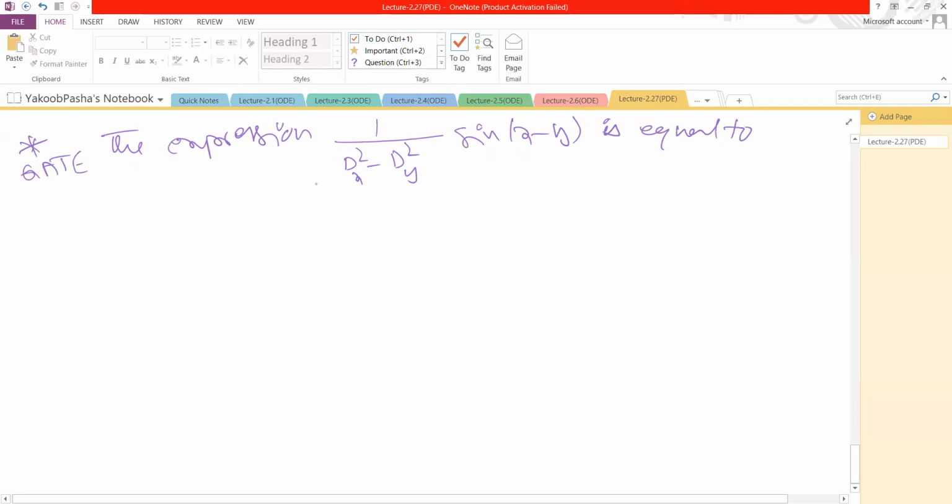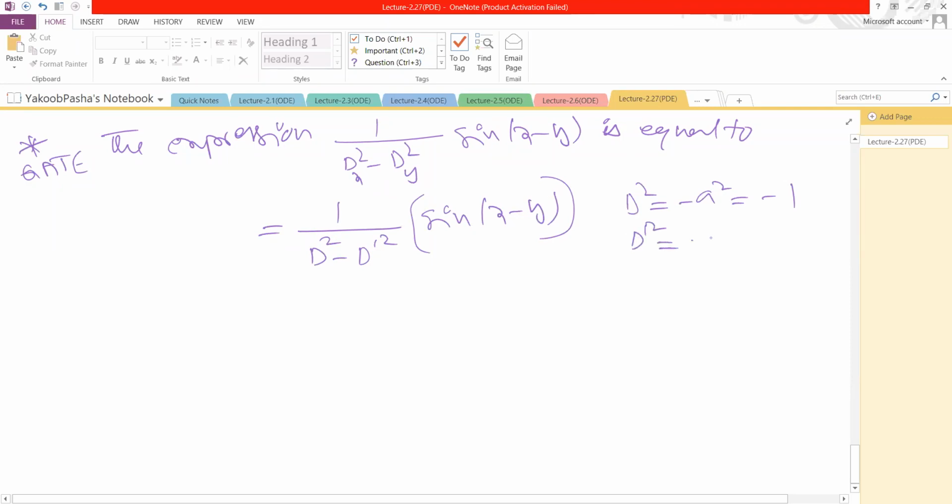Okay, dx means differentiation with respect to x, that is nothing but D. So you can write this as 1 by D minus dy means differentiation with respect to y partial, D dash square, this is D square. So sin x minus y, while writing here D square is equal to minus a square, a means 1, so minus 1, D dash square equal to minus b square, that is minus b square means b equal to minus 1, b square is plus 1, minus b square is minus 1. So minus 1 minus of minus plus 1, the denominator is 0.